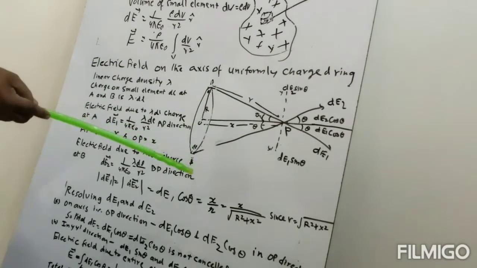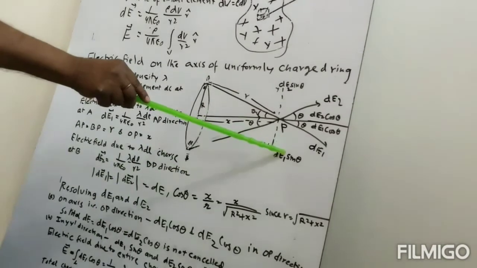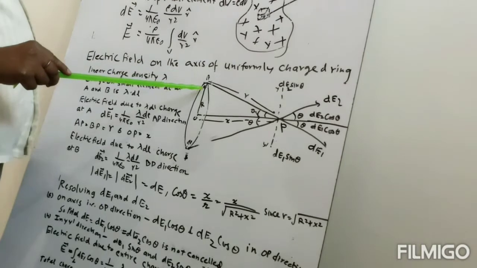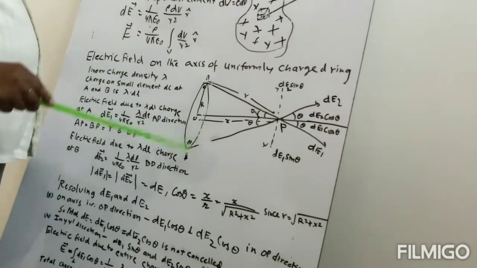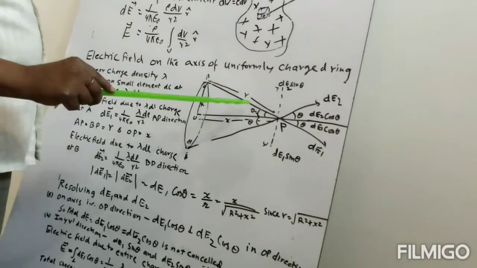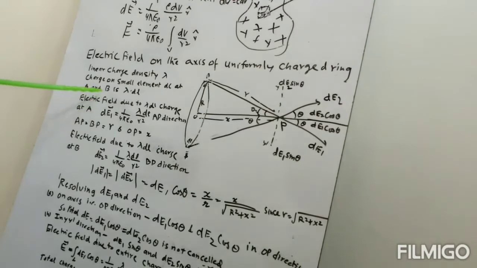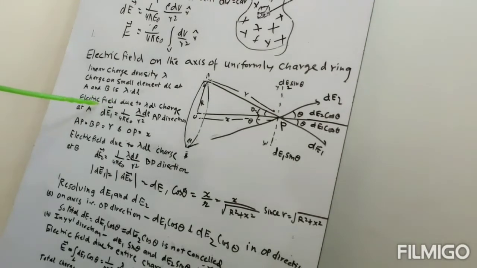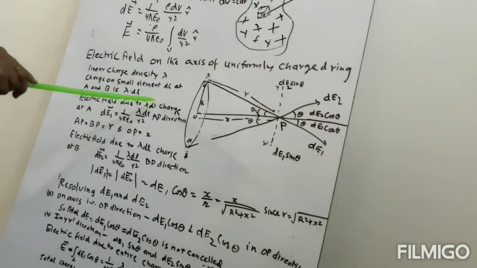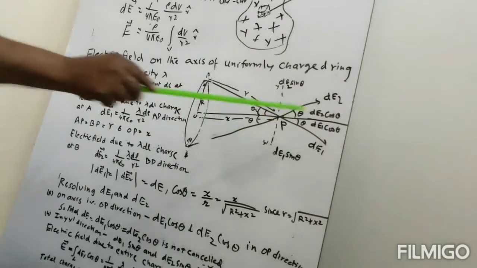So we will apply Coulomb's law and find the electric field at point P due to these small segments A and B. For segment A, the electric field dE1 will be equal to 1 by 4 pi epsilon 0 times lambda dl by r square, and its direction will be along AP.